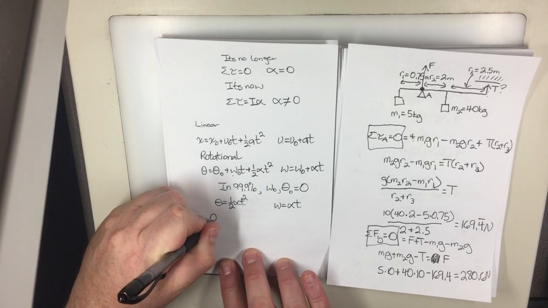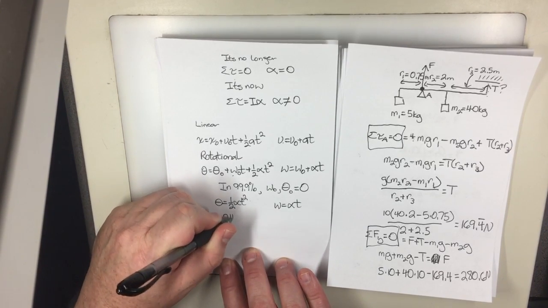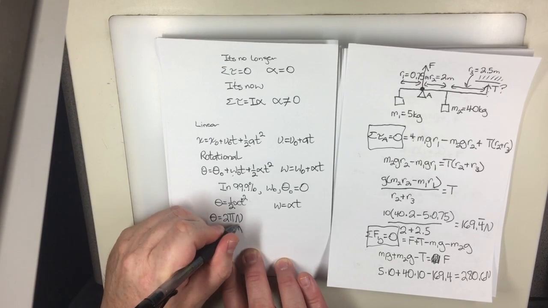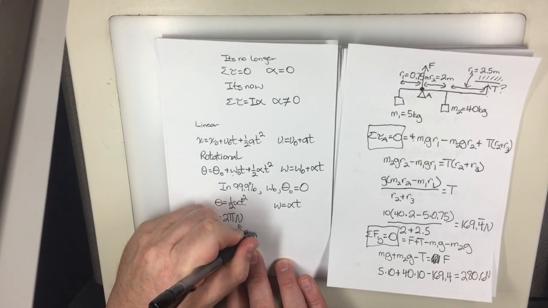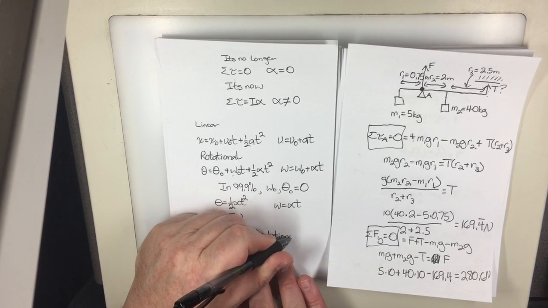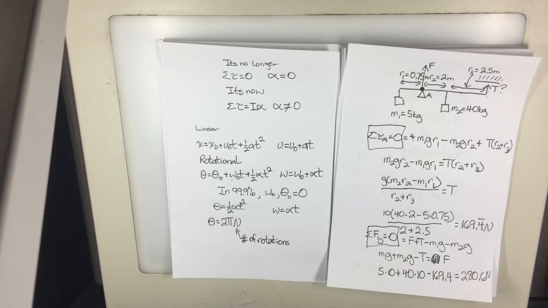One of which is theta equals 2 pi n, where n is the number of rotations, multiplied by 2 pi, is the angle traversed by the object. So if you rotate one time, that's 2 pi. If you rotate 3 times, that's 6 pi, and so on.